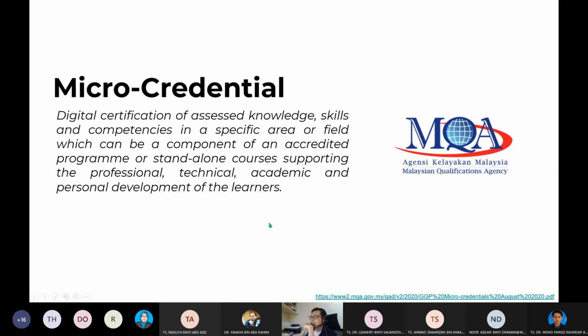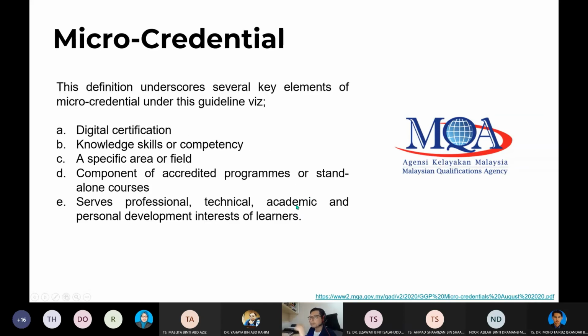I'm just going to summarize a bit here without going through the detail, what's important to know. So basically the definition. It underscores several key elements: digital certification, knowledge, skills, competency in any specific area or field, accredited program, standalone course, professional. So that's what's under the definition.